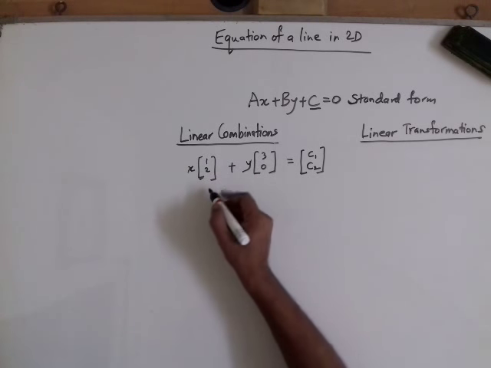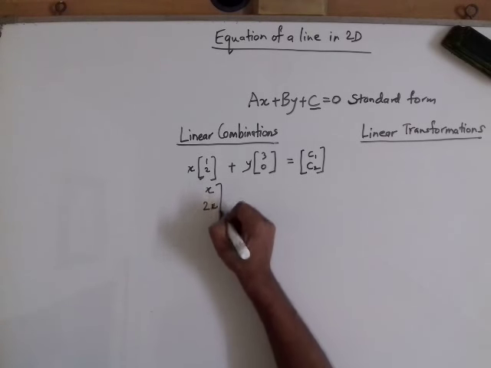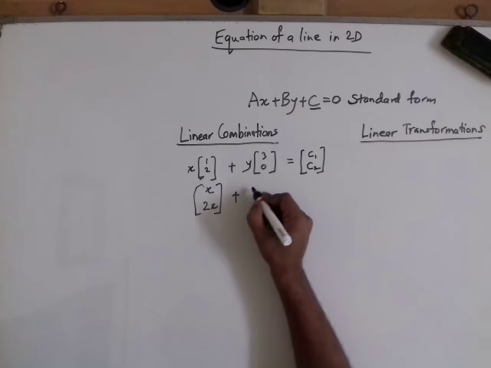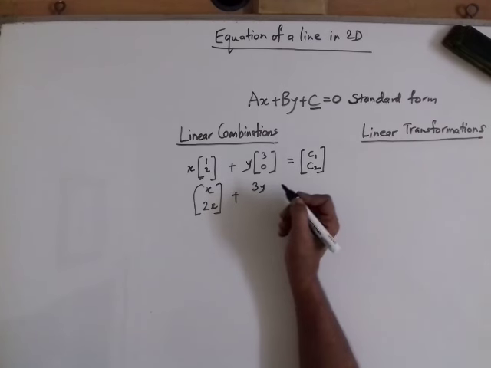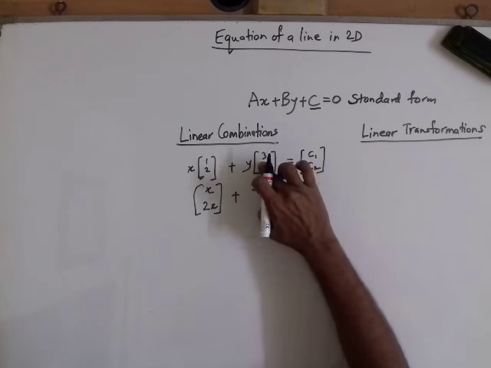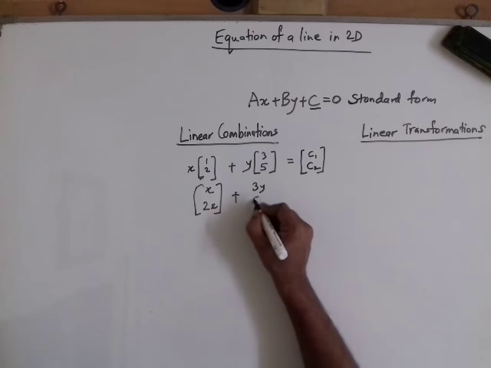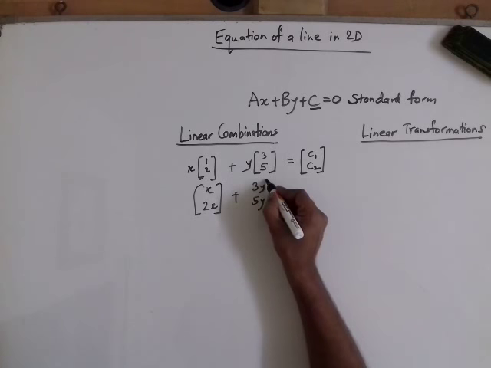Now if I multiply this out, I get x and 2x plus 3y. For the right reason, I am going to replace this 0 so that we see the equation in all its glory.